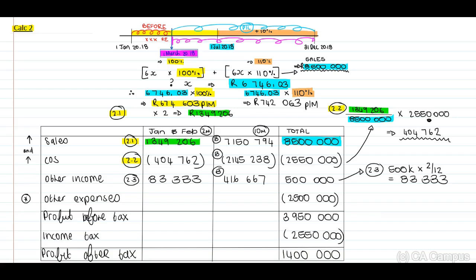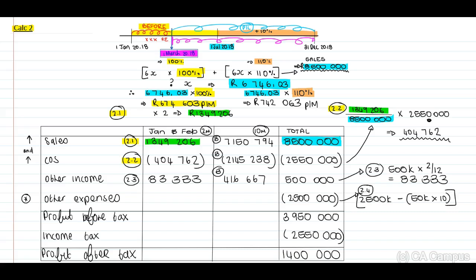But we need to calculate our first 2 months retained earnings. And that management fees are included in our other expenses. Therefore, we need to take this out. This will be the 2.5 million minus the 50,000 times 10.